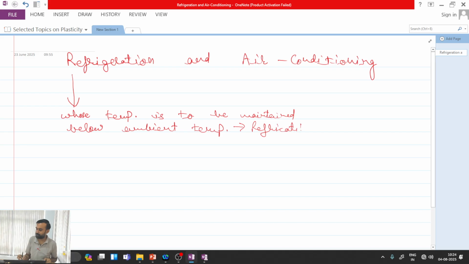The process by which we maintain the temperature of a system or substance or anything, whatever we have, below the ambient temperature, that process we call refrigeration.